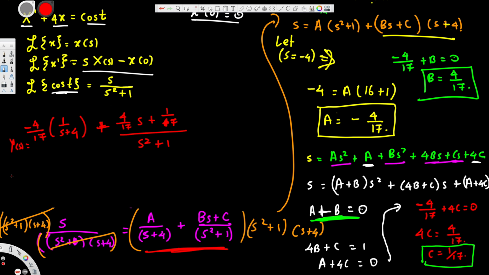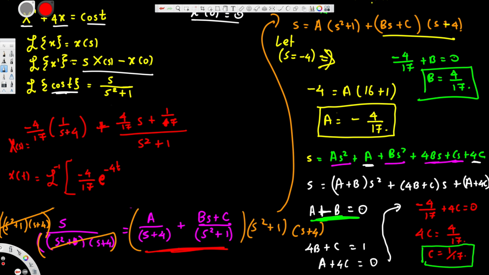Actually, x of s is this. To find x of t, we have to take the Laplace inverse. So x of t is equal to the Laplace inverse of minus 4 over 17 times 1 over s plus 4. This is going to be just e power negative 4t, because if we have s minus a, that's e power at.